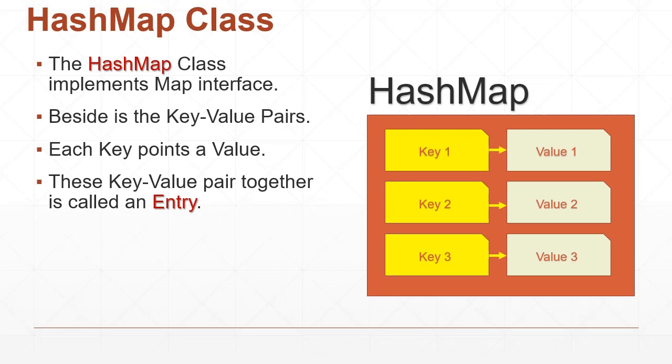So if you take one entry, key 1 and value 1, together they form an entity called entry. You can see HashMap as an accumulation of these entries. So HashMap is a collection of entries. Since the HashMap doesn't implement the collection interface, we may not say it is a collection, but the entries it stores inside can be visualized as a collection of entries.